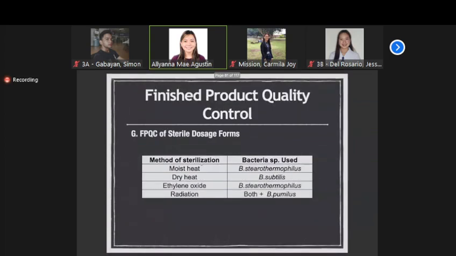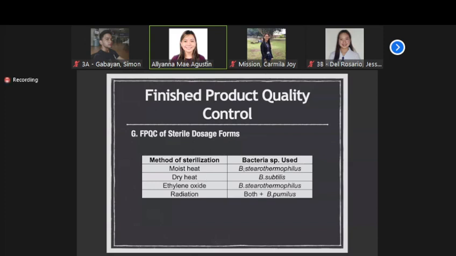Okay. How about the sterilization process? To check if the sterilization process is effective, we use the following bacteria. To check if the autoclave is really effective, it should kill Bacillus thermophilus. For dry heat, we should use Bacillus subtilis.